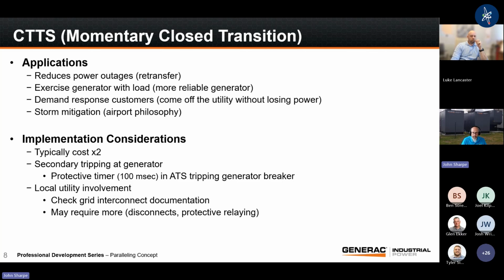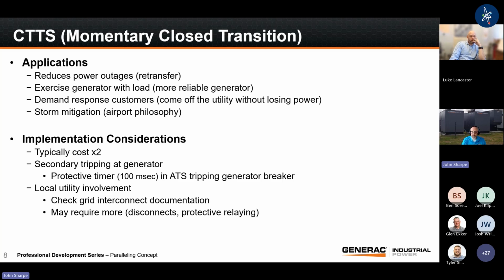Yes, there's a possibility that somehow this mechanism, however slight this possibility is, could get stuck in between, and you would have both contacts closed. In a case like that, these switches have built-in protection timers to send a contact to either the feeder breaker that is feeding it from the utility or the generator feeder breaker to take that source offline so that we no longer have two sources feeding the load.